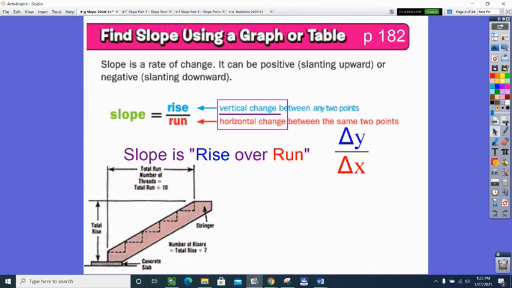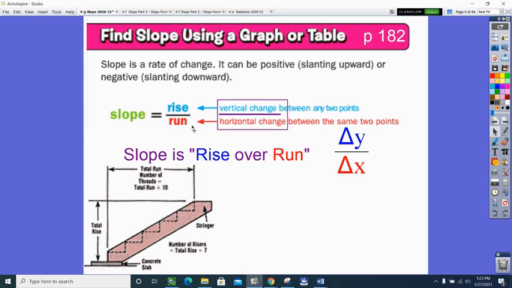So just to kind of recap this idea, slope is rise over run. And I should let you know as we go forward, you'll start seeing that the letter M is the abbreviation for slope in math, not S. M, think of mountain. S is used in other places, basically. So anyway, slope is change in the vertical direction, your rise, over change in the horizontal direction, which is run.